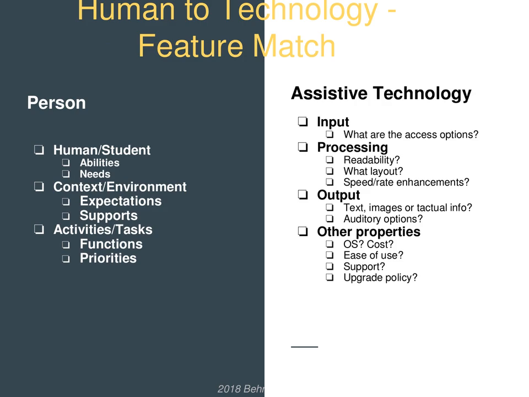And when we look at that technology piece, we're looking at the area of input, where, how's the person accessing it? How do they connect to that technology? The processing area, where is it, how readable is it, what are the layouts, are there speed and rate enhancements that we're looking at?